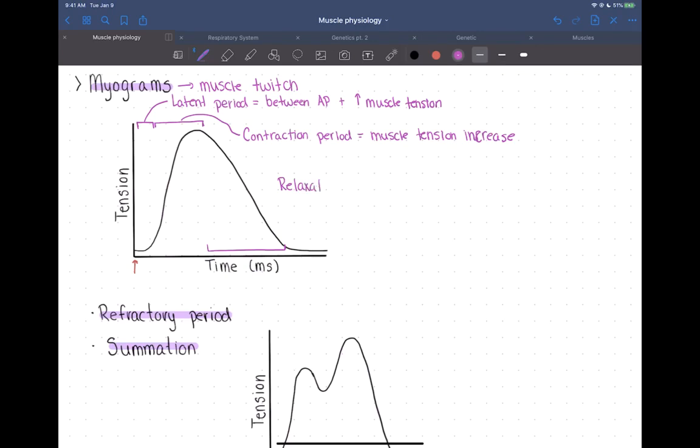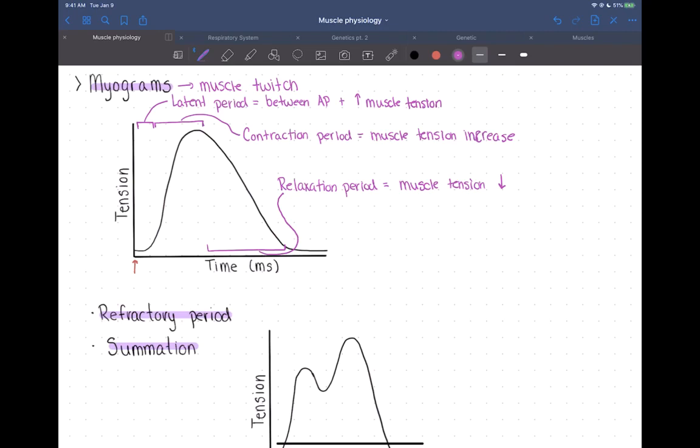So the relaxation period is just the time when muscle tension is decreasing. So muscle tension decreases.